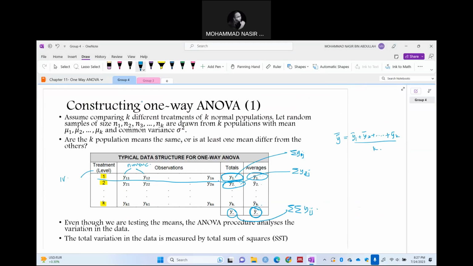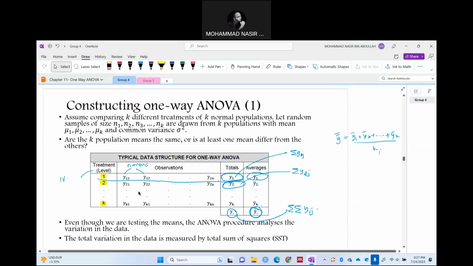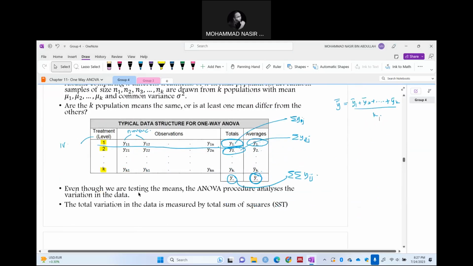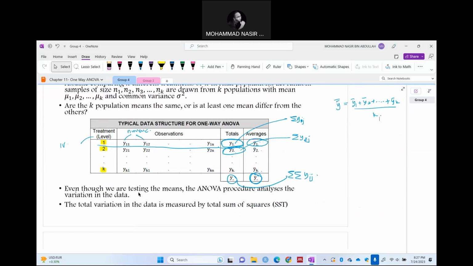Right. So we have learned in chapter 10 to construct a one-way ANOVA table. We need to find sum of square total, sum of square error, and sum of square treatment.